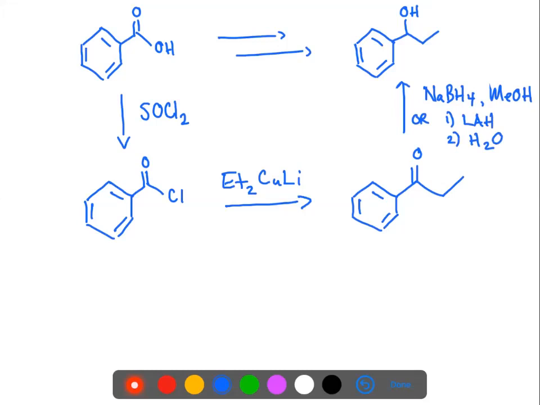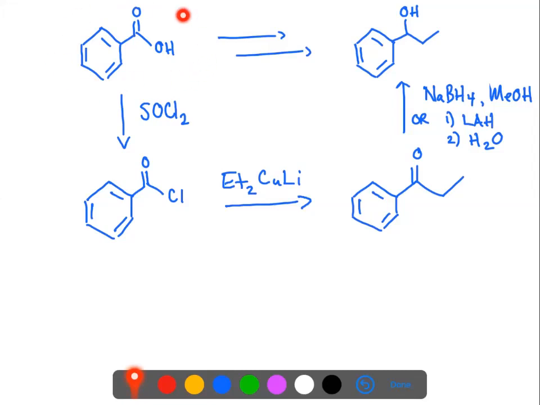So here we have again a 3-step synthesis. We started with a carboxylic acid, and what we were after was not just the reduced carboxylic acid, but we wanted an alcohol that also had 2 additional carbons attached to what would be that original carbonyl carbon.